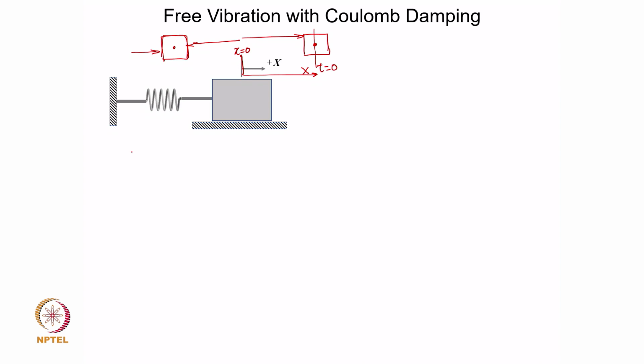So, if I plot this motion here, the initial position is capital X, positive displacement given, and then I am releasing it.